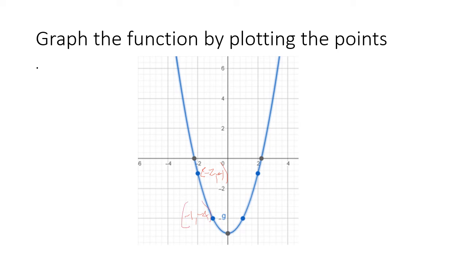Next is 0, minus 5. Then you have 1, minus 4.